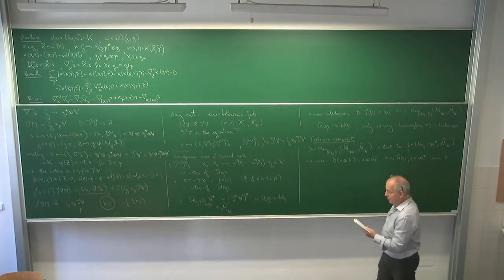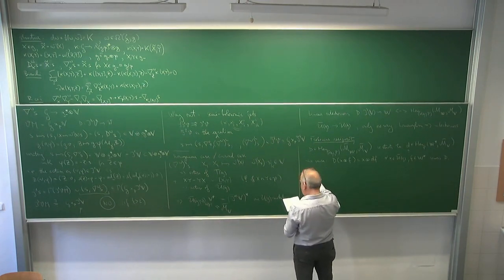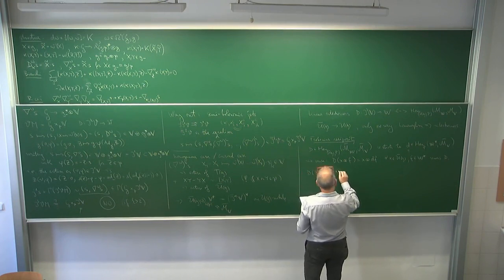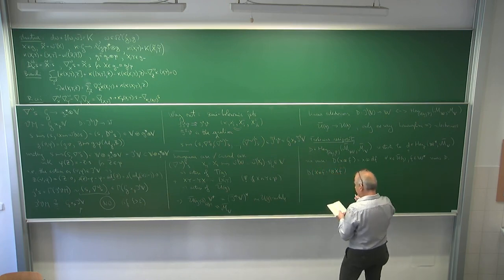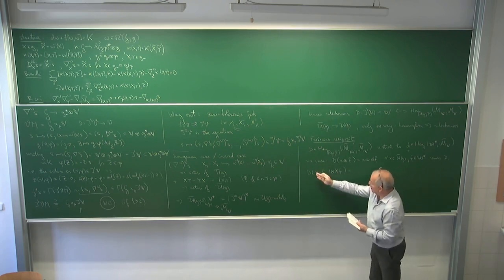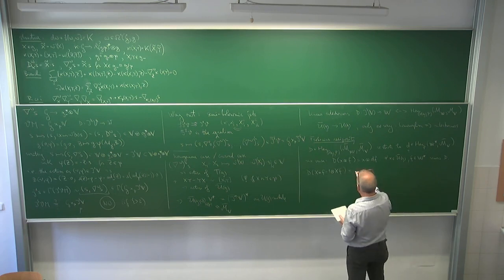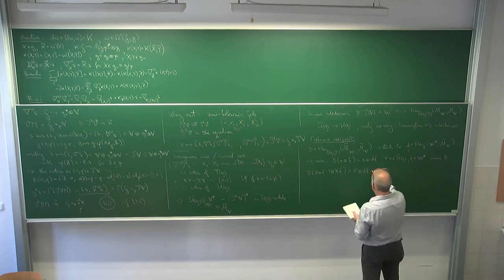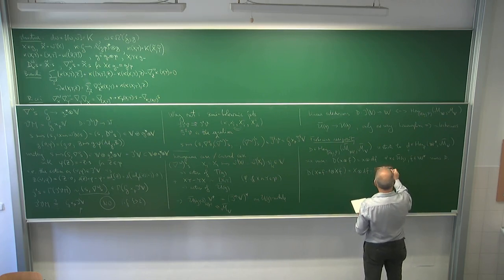And finally, we see that just taking, say, D(x tensor f) minus 1 tensor xf, so defining on this guy, it will be x tensor df minus 1 tensor dxf.